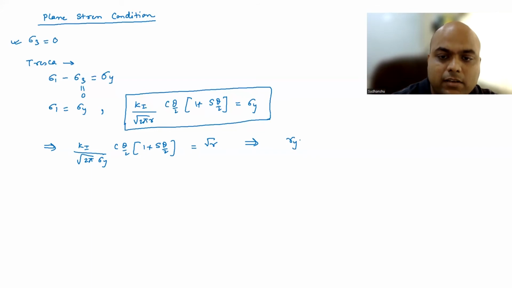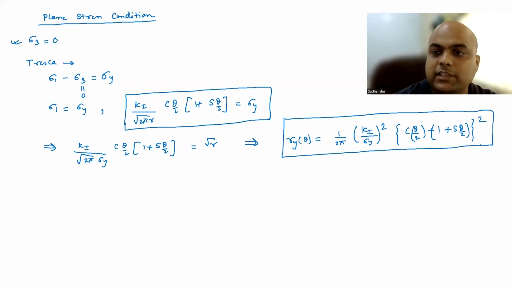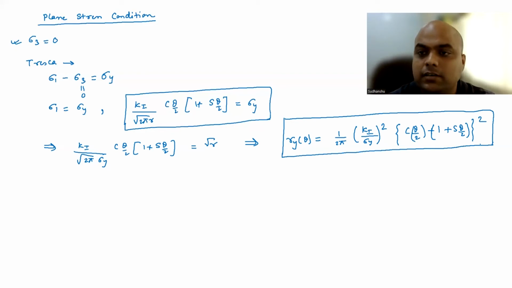So ry in terms of theta, we can write as 1 by 2 pi, K1 divided by sigma y, squared, and then you have this big term squared. So we have got a relationship between ry and theta. K1 is known, sigma y is known, and if we know theta, we know what ry is.